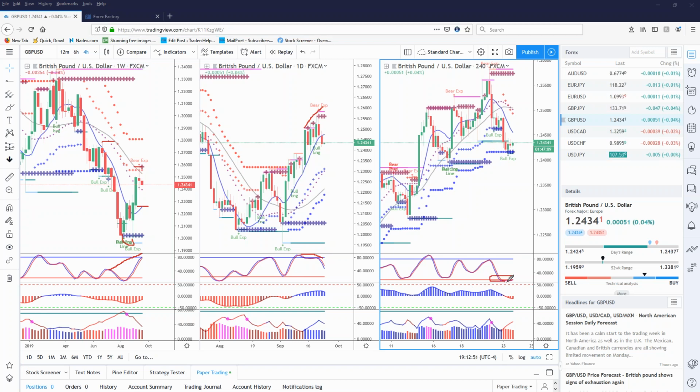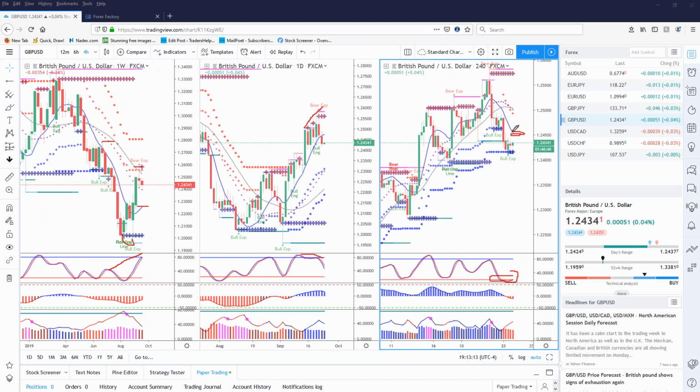Right now you're overextended on the 240, so I would be anticipating at least a retracement up here to about 24.50, okay, which is only about 20 pips away. And then I would want to see, does this act as a resistance area?